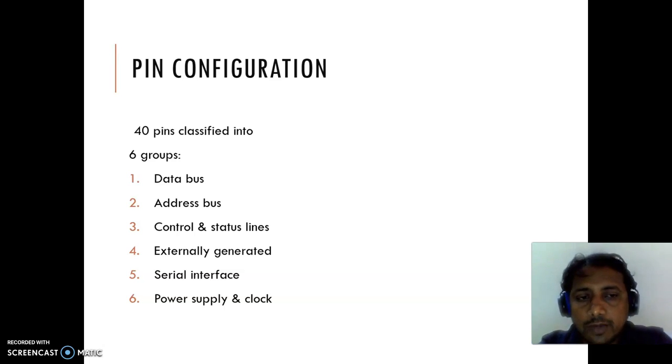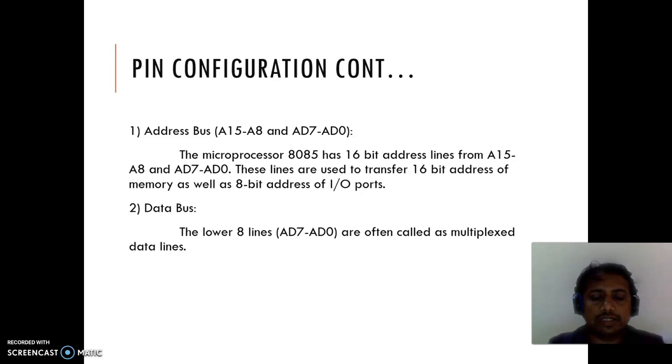The 8085 microprocessor is an 8-bit microprocessor, as you know. It has 40 pins. Out of these 40 pins, we'll see how the pins are classified under these groups. Since it is an 8-bit microprocessor with an 8-bit data bus and a 16-bit address bus, when you have a 16-bit address bus, you need to have 16 pins set aside for address.